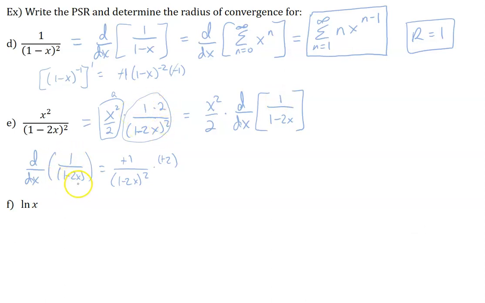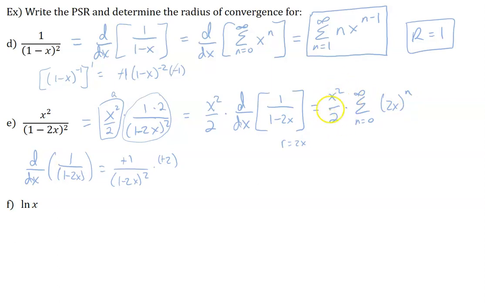This is the derivative of 1 over 1 minus 2x. Okay, so this I can write as a geometric series where my r is 2x. So I've got x squared over 2 times the sum from 0 to infinity of 2x to the nth, okay?